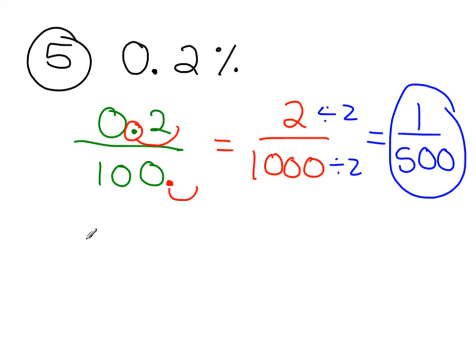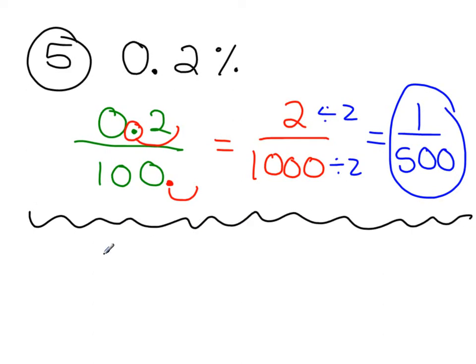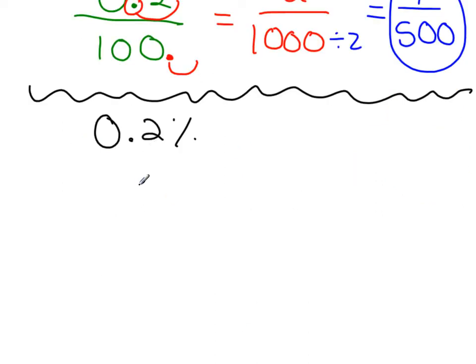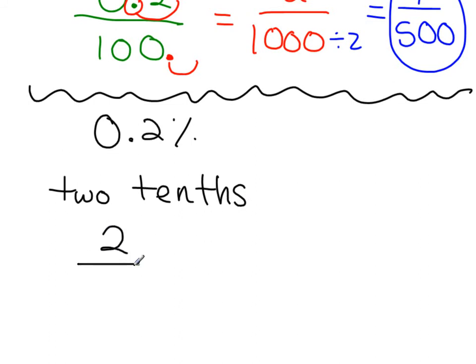Now, I didn't show this other method in class, but if you are interested, when we see 0.2%, we can think of 0.2 as 2/10. And let me write that out in words. 2/10. We can think of that as 2 over 10. And it's 2/10%, so I still need that percentage symbol.